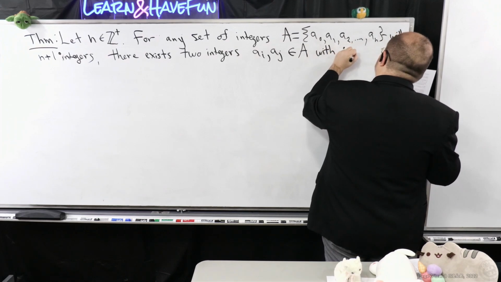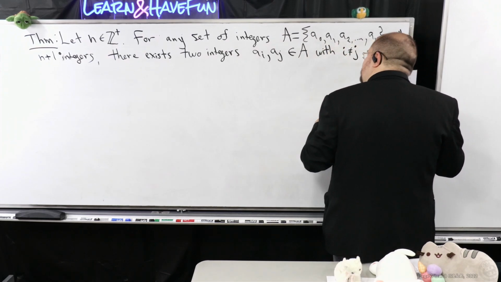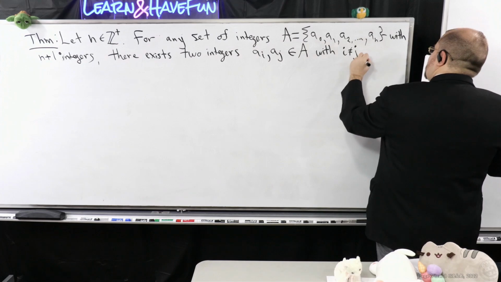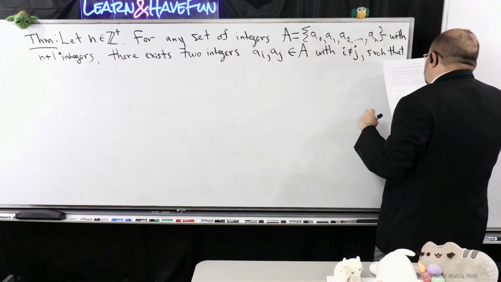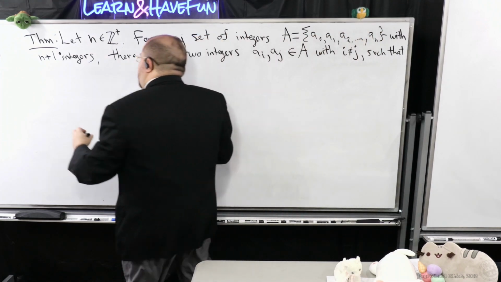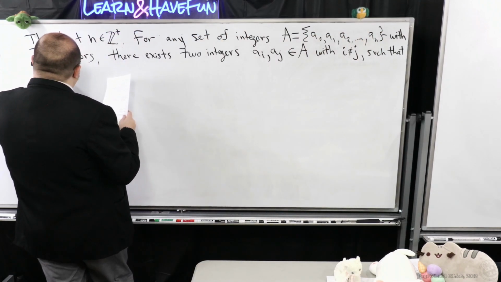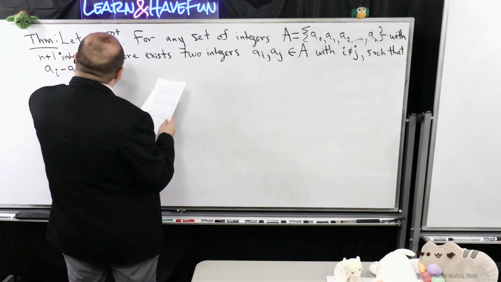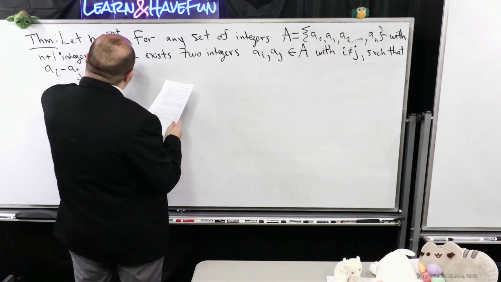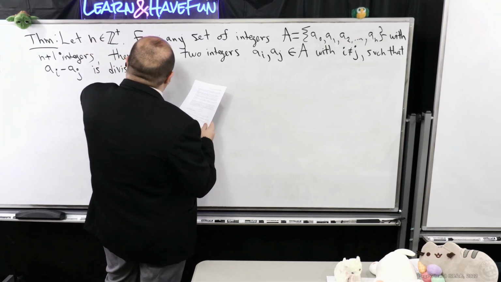This is just to guarantee that they're not the same element, such that ai minus aj is divisible by n.